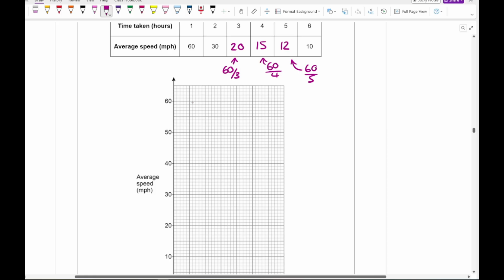So here we've got 1 is at 60, 2 is at 30, 3 is at 20, 4 is at 15, which is there, 5 is at 12, and 6 is at 10.